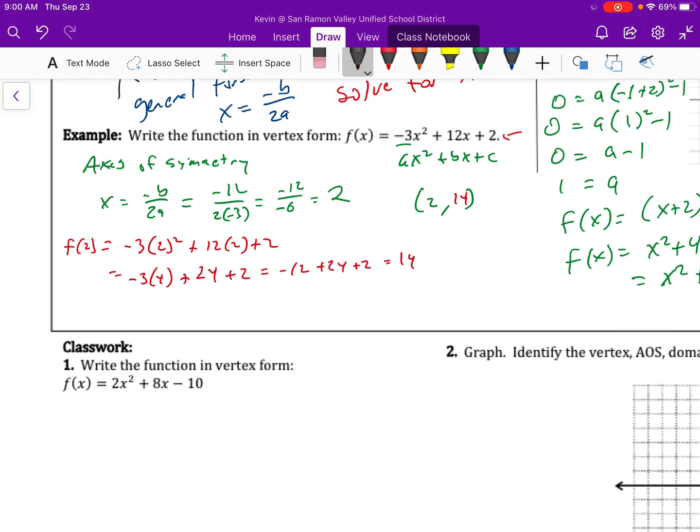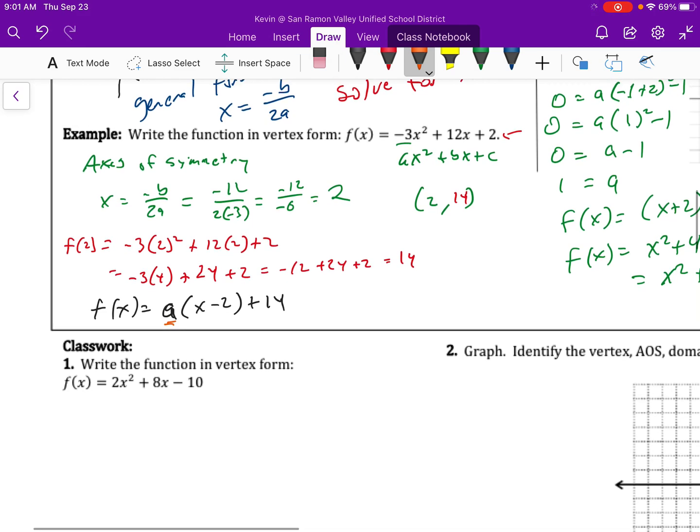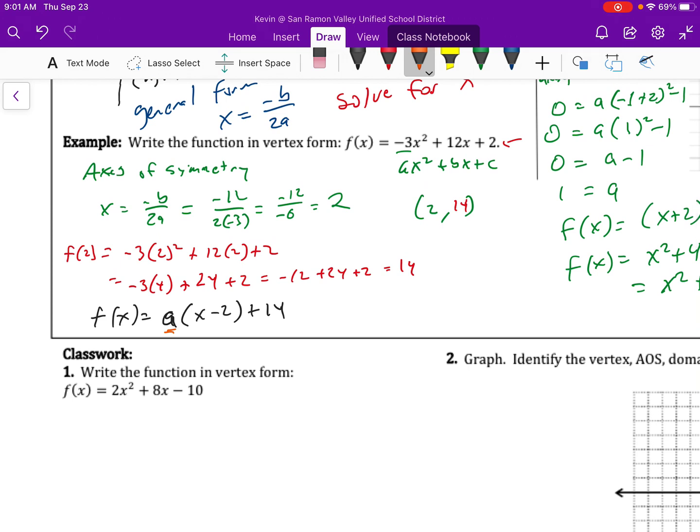So we've got f of x equals a times x minus 2 plus 14. We need to find a, right?